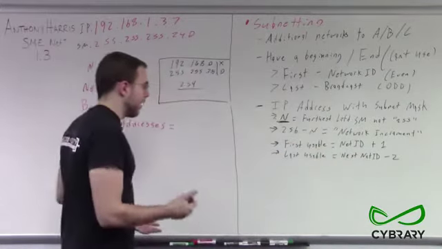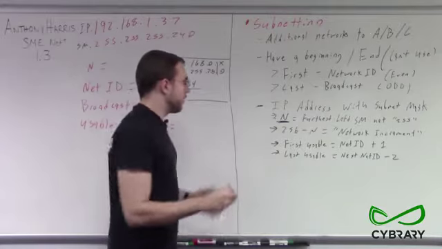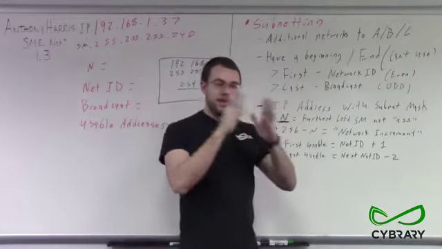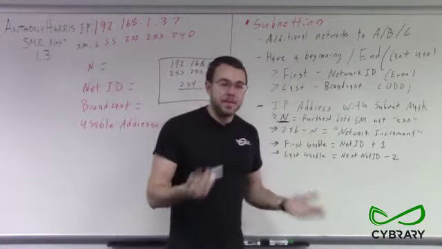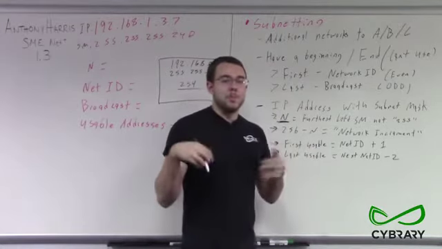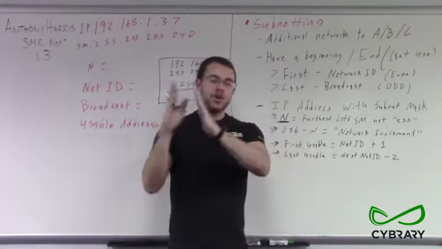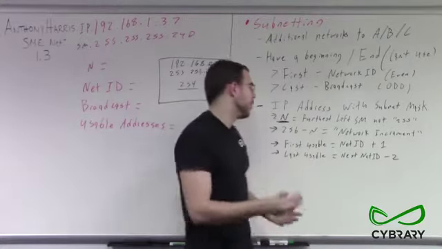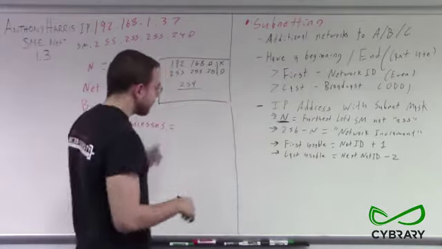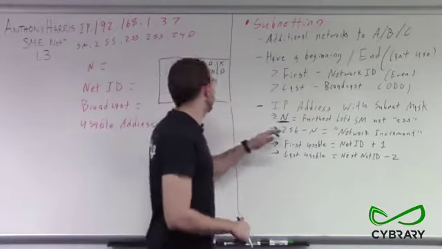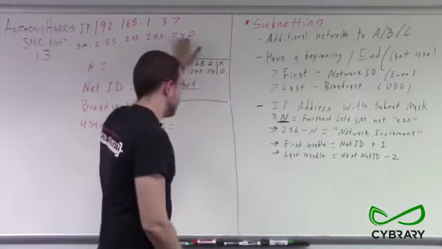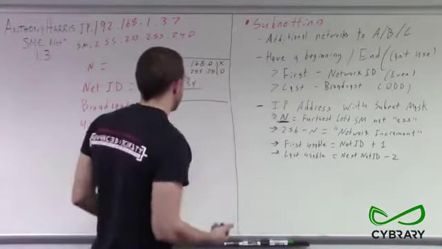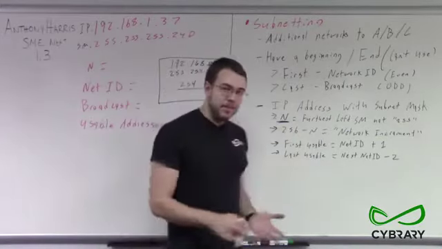Now the network increment is what we're using to increment up our assigned IP address range and be able to find where our different subnets are. So let's explain a little bit. In this example, we have 240, we subtract it from 256, and we get 16.